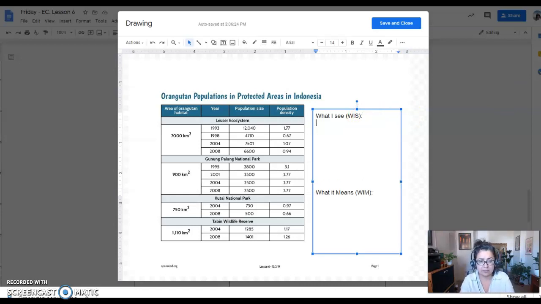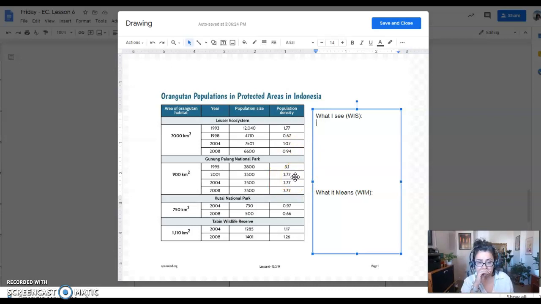So while I'm looking at this, the first thing I notice in the entire data is that the range is from 0.66 is the lowest number, and the highest is 2.77, which if I round up 2.77 to a whole number, it would be 3.